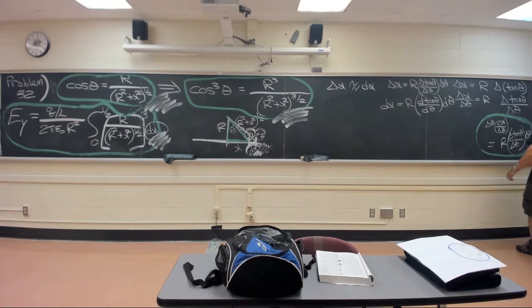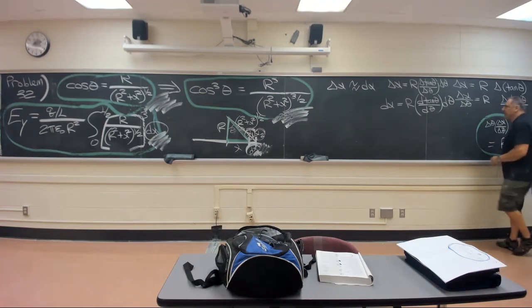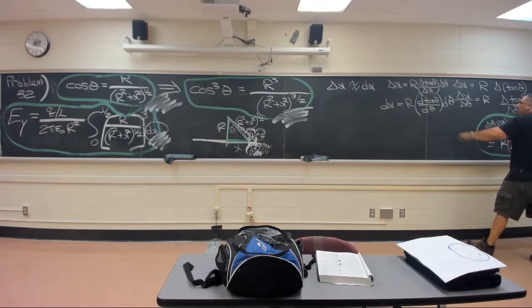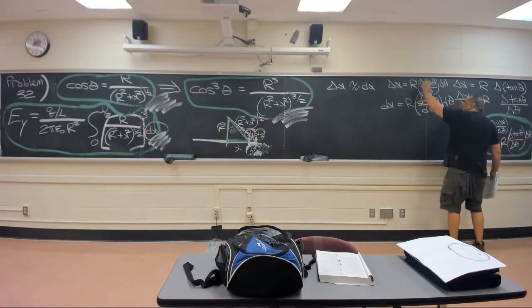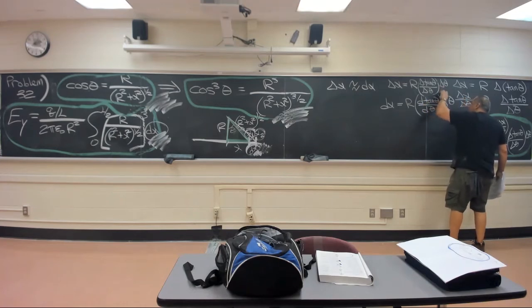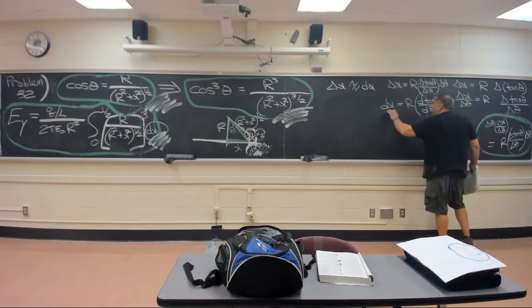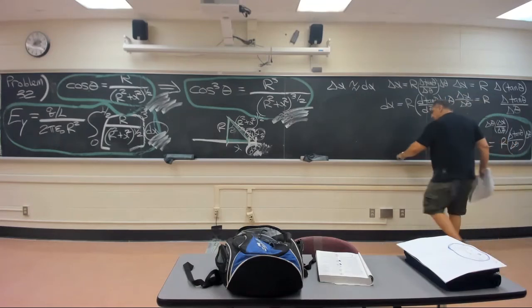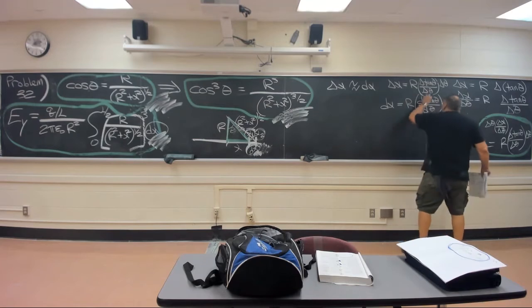Again, this is delta theta times delta x over delta theta. R times delta tan theta over delta theta times delta theta. Just wrote the same thing here. If you take smaller and smaller gradations of delta theta, this becomes d tan theta d theta. The delta theta is, for all practical purposes, d theta, and the delta x is dx. That solves it. That does a lot.